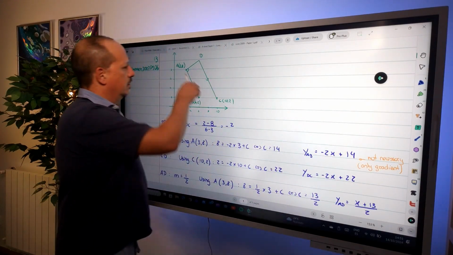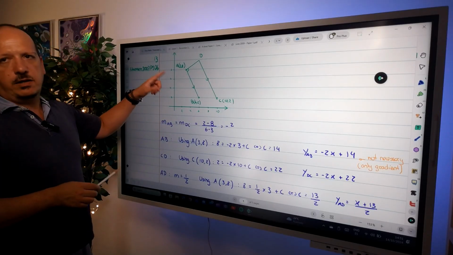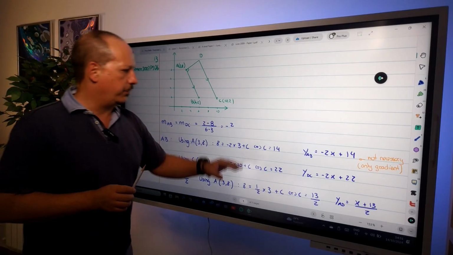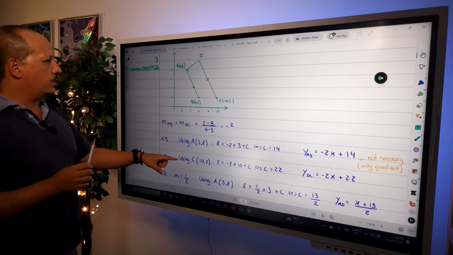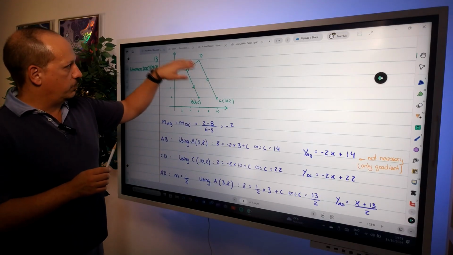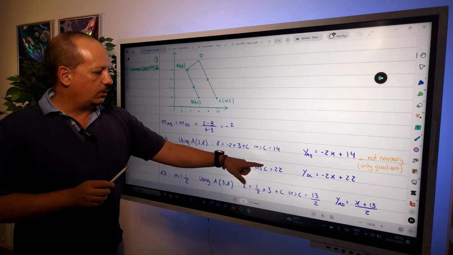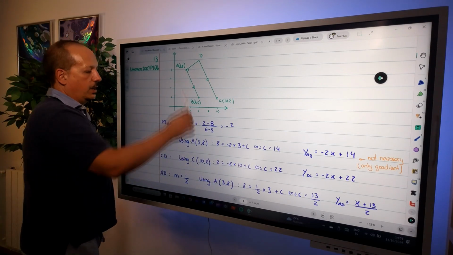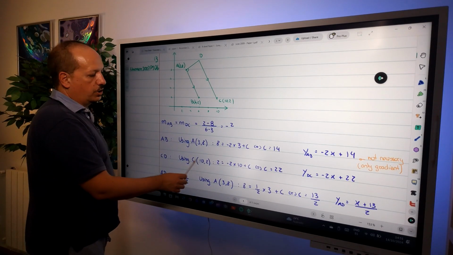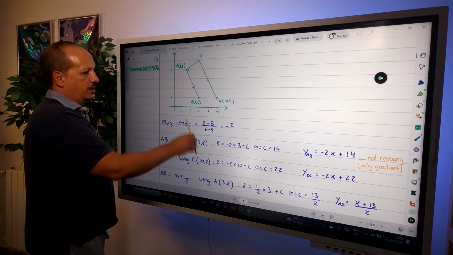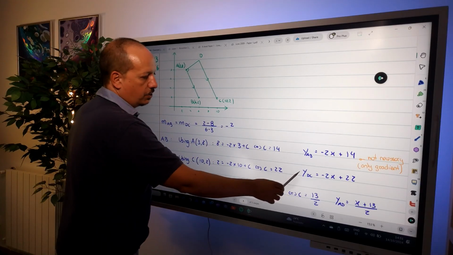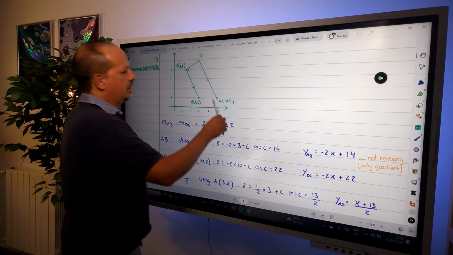Already got the y-intercept of AB as well, but it's not required for the question. So I got actually the equation of that line first. Using point C, I can get the y-intercept is 22. I obviously use the gradient the same as this one, -2. So now I have the equation of DC.